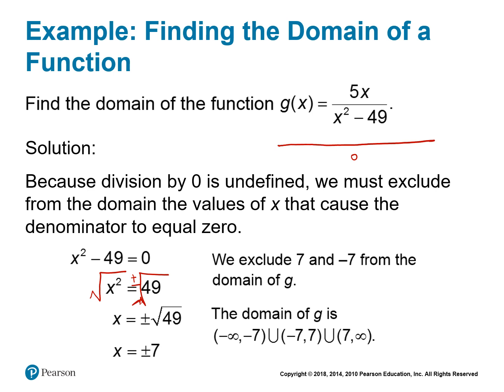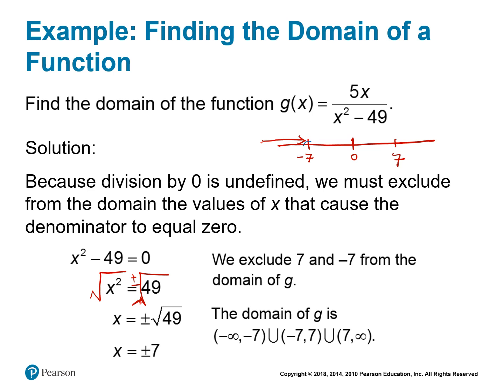And let's say negative 7 is somewhere here, and positive 7 is on the right hand side of 0. So what it's saying is you can pick any value of x, input any value of x into this function, and get as close as possible to negative 7, but it cannot be negative 7. You have to exclude it.